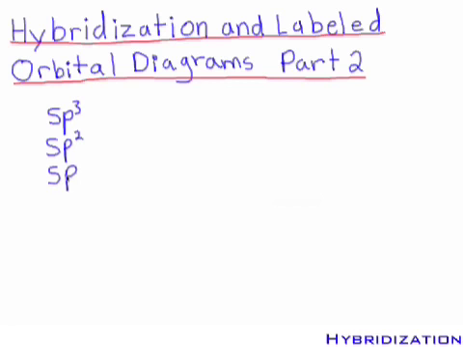We learned how to draw the shapes of these hybridizations, and how to produce labeled orbital diagrams that contained these versions of hybridization on carbon. What we're going to do is add to this and consider the relative orbital sizes and then examine hybridizations of these types in atoms that are not carbon.